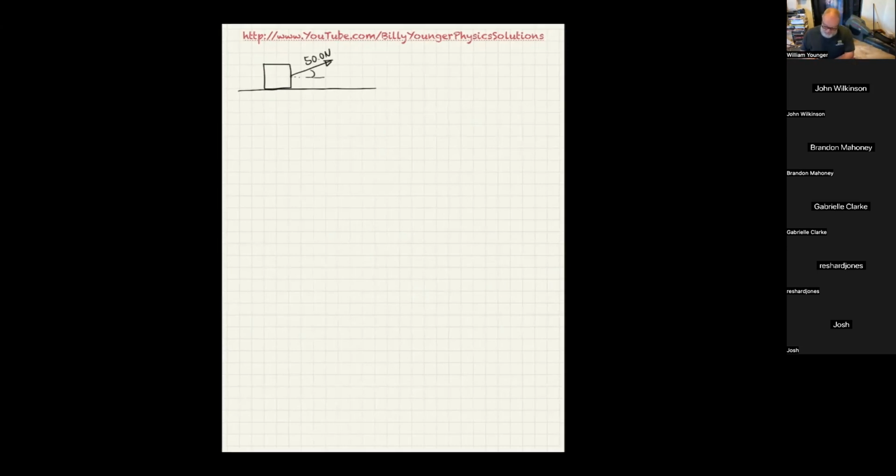Well, let's not be too original. Let's use one of our 3, 4, 5 triangles, because that's really cool, right? Let's say that's 53.1 degrees.